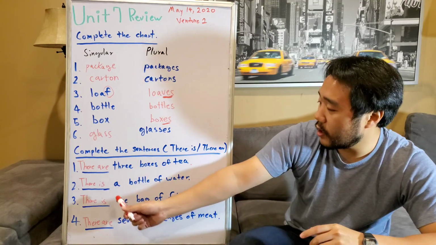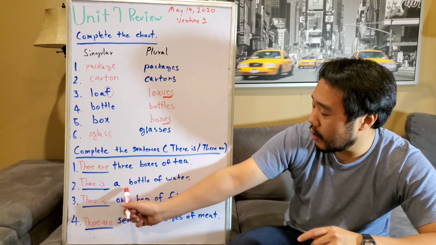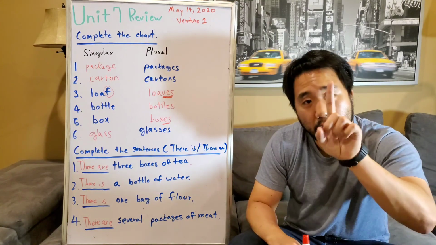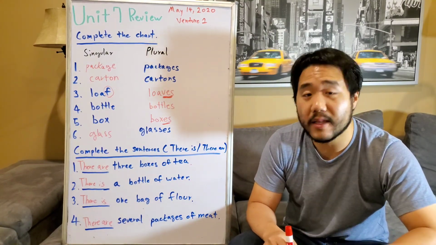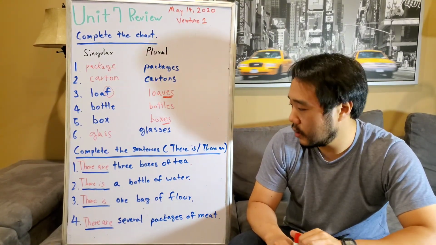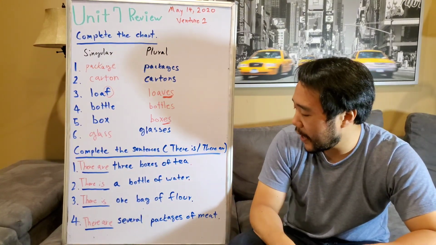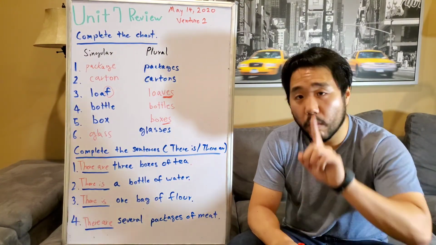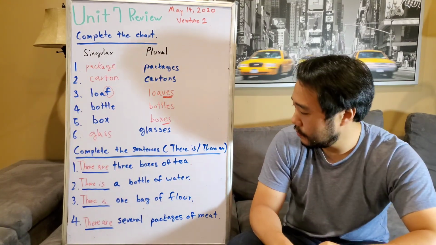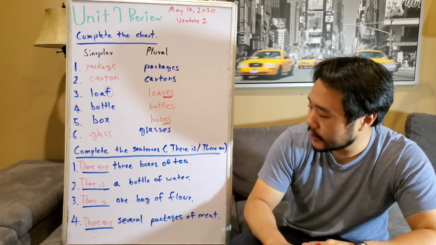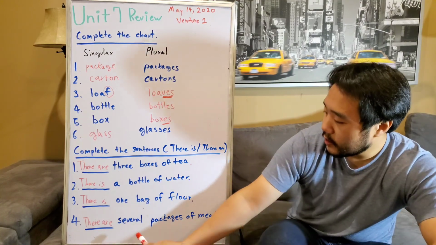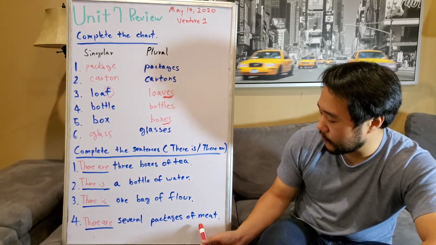So the quantifier here is a bottle of water. So there's 1 bottle of water. So we can say there is a bottle of water. There is. Here we have 1 bag of flour. 1 is also single. So we can say there is. And number 4, several packages of meat.